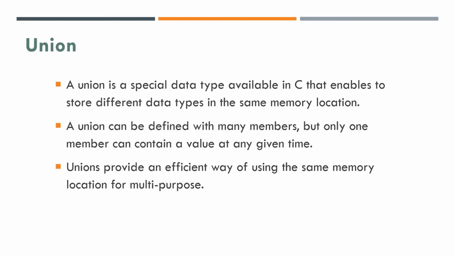Next is union. A union is a special data type available in C that enables storing different data types in the same memory location. A union can be defined with many members, but only one member can contain a value at any given time. Unions provide an efficient way of using the same memory location for multi-purpose.